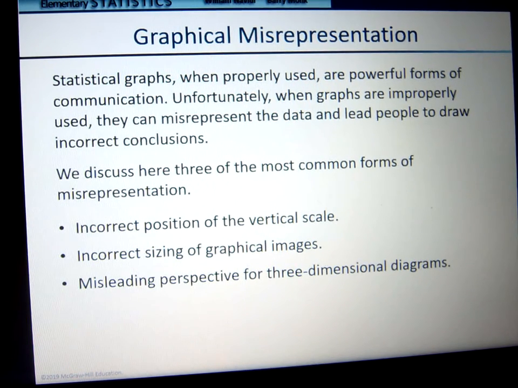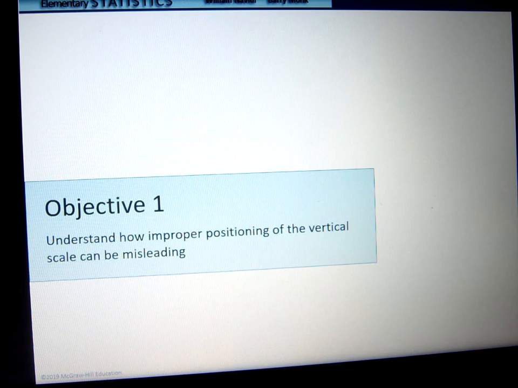Unfortunately, when they are improperly used, they can misrepresent the data and lead people to draw incorrect conclusions. Here we discuss 3 of the most common forms of misrepresentation. The first one, incorrect position on the vertical scale, incorrect sizing of the graphical images, and misleading perspective for three-dimensional diagrams. Let's look at the improper positioning of the vertical scale.